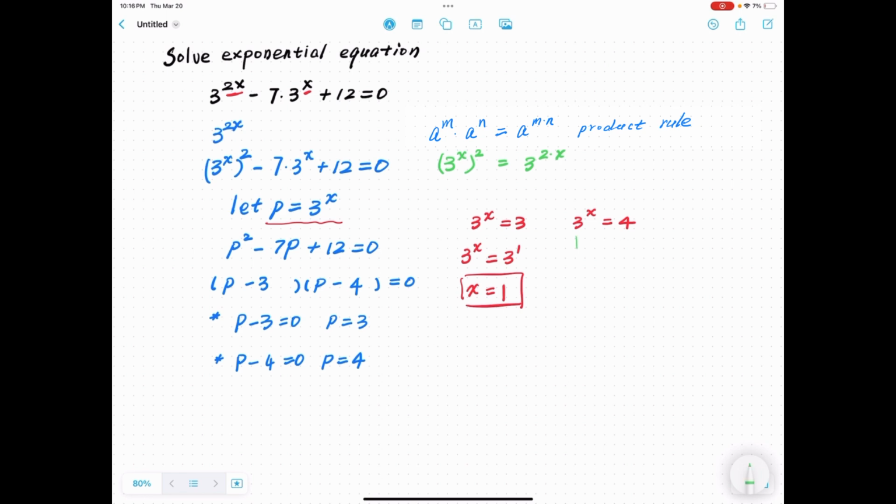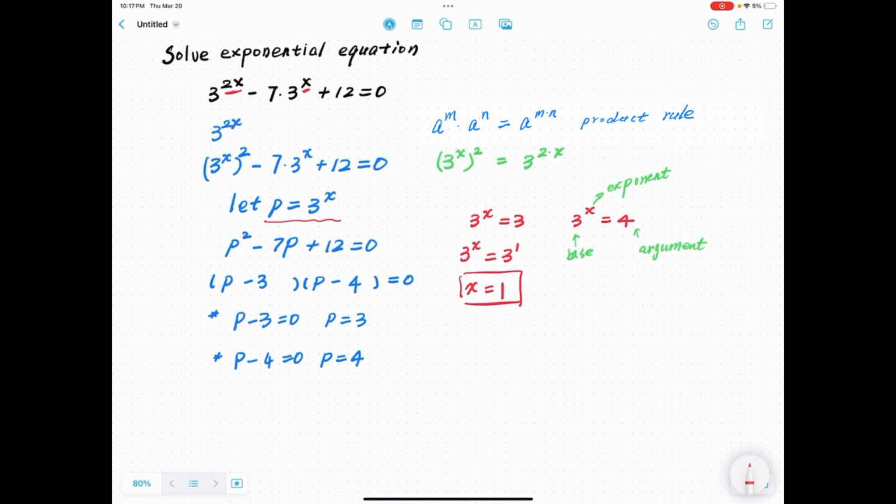We know that 3 is the base, x is the exponent, and 4 is the argument. To change it to a logarithmic form, we just need to rearrange these pieces.